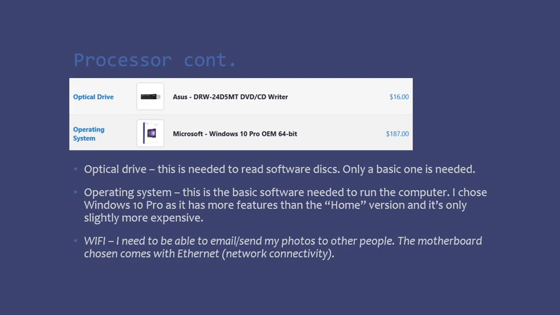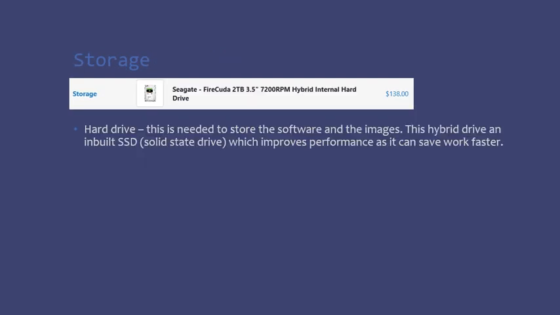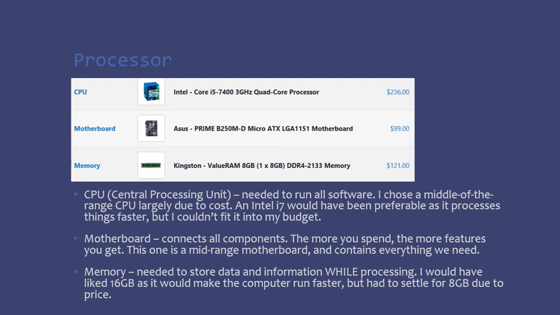And then the last thing's the optical drive, the operating system, and they thought that they probably would get Wi-Fi, but their motherboard actually had an Ethernet connection so that they could use the inbuilt one rather than getting specifically something for wireless. And then their storage. They needed to store software and images, so they had a reasonably good storage device.